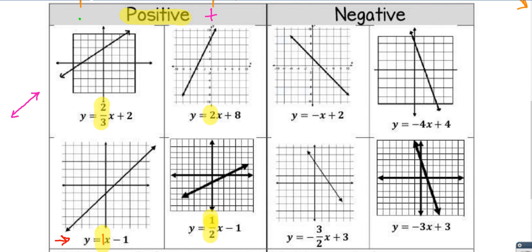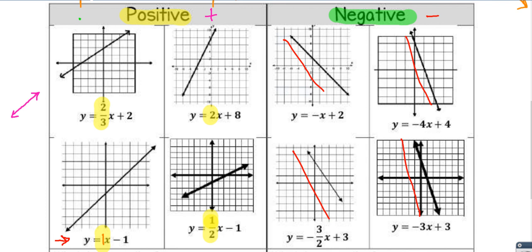So now let's look at negative. So negative slope, again, I want you to look at these equations and the graphs, and see if you notice anything about them. You can pause the video if you need to. So negative sloping lines, you'll notice always go down. So I always look at my graphs from left to right. I don't know if you've noticed that.